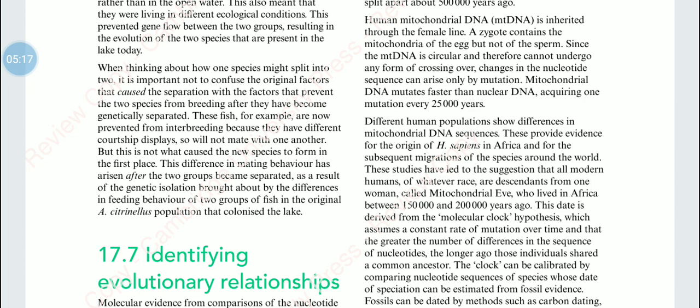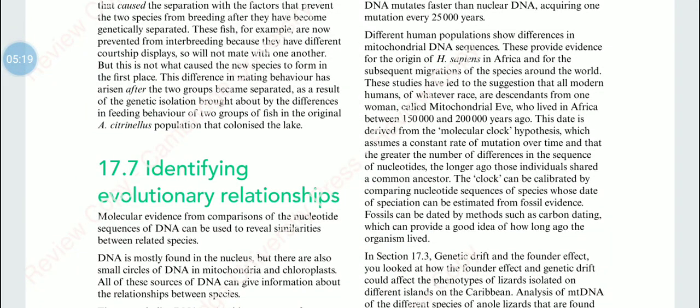This is a complex process. You don't have to know that in detail, but there is something called the molecular clock hypothesis. That actually takes some assumptions. It takes the rate of mutations over time, and the greater the number of differences in the sequence of nucleotides, the longer ago those individuals shared a common ancestor.